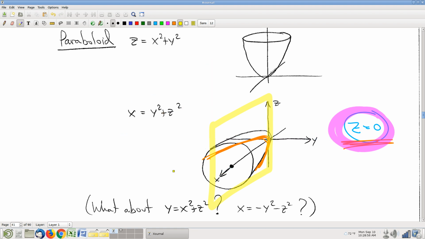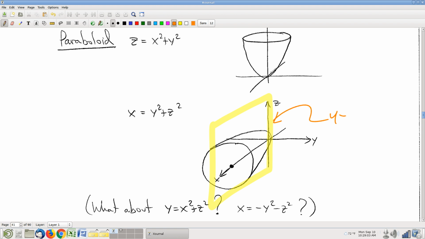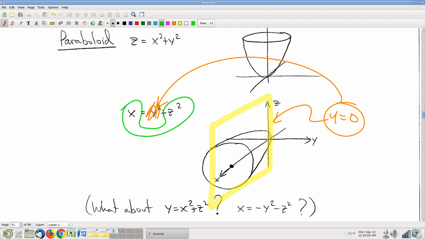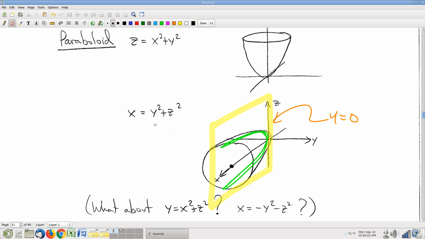If you do it in this plane here where y is equal to 0, let's see what we get. Here we have y equals 0. That means that that goes away, and I get this x equals z squared, which is that parabola. Rotational symmetry argument, I get the exact same surface. Right? So take your pick. Pick any plane that you want. Now, obviously, in order for this argument to work, we need to pick a plane that includes the axis of symmetry.